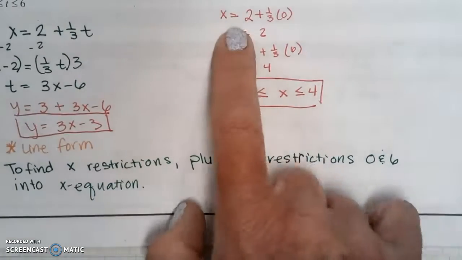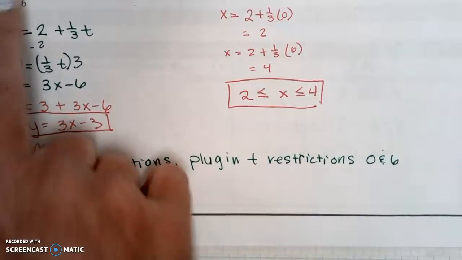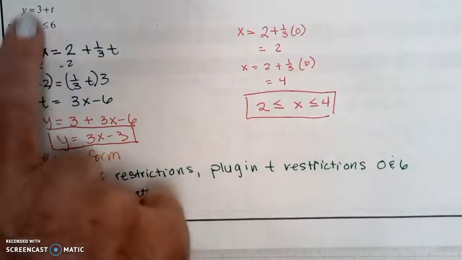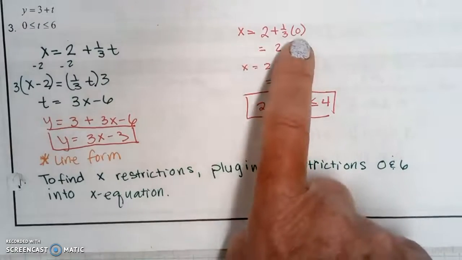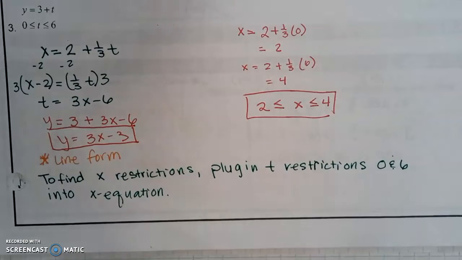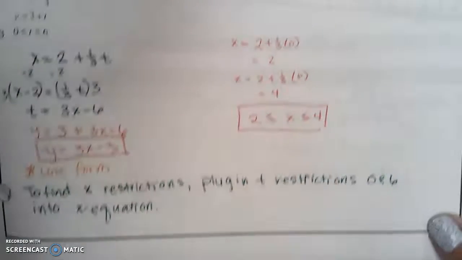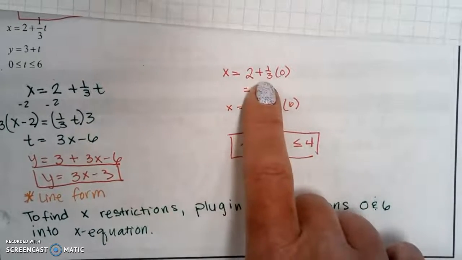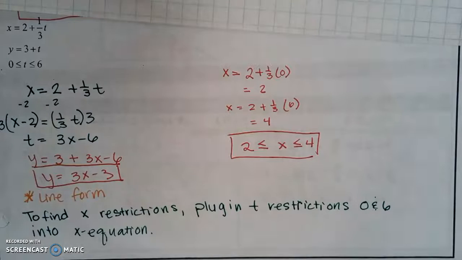So you take that first equation, and I plugged in the 0 first. Okay, there it is. So 2 plus the 1/3 times 0. Anything times 0 is 0, so it's just 2. Okay.